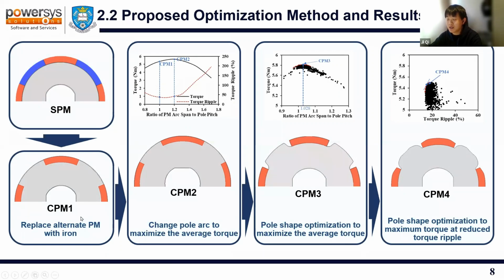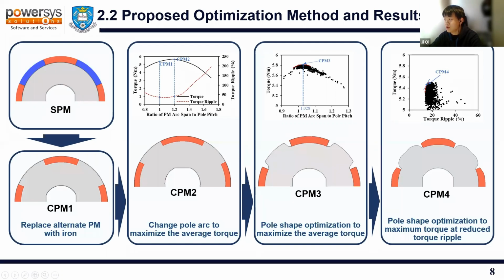And under the same amount of magnet, by changing the pole arc ratio, the pole arc span, we can find a point that can achieve the highest average torque. For this structure, I call it CPM 2. With the help of the optimization, we can find a structure that can achieve the highest output torque. Here, I'll call it CPM 3.